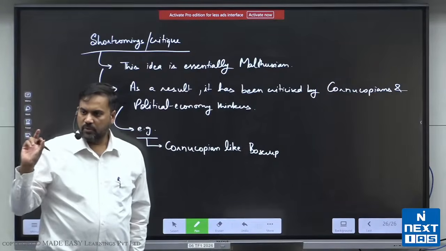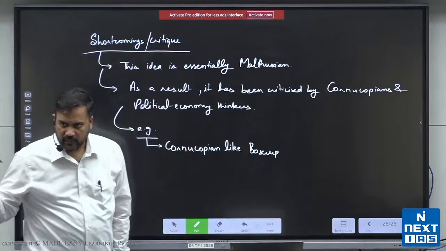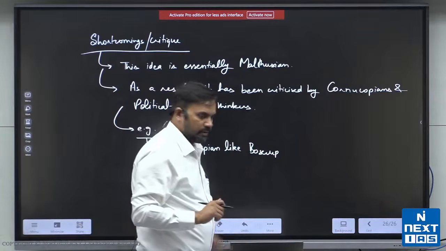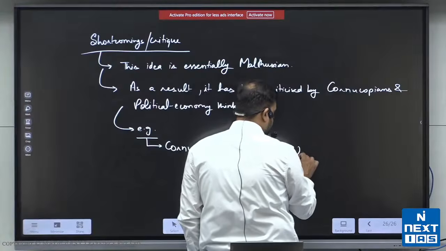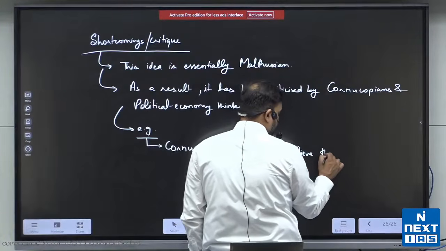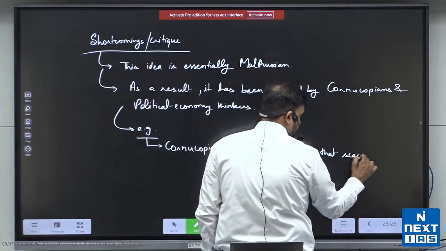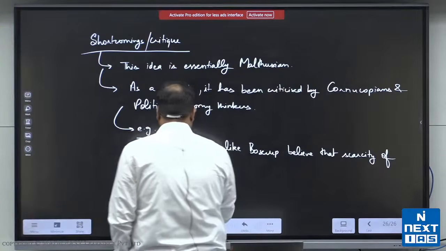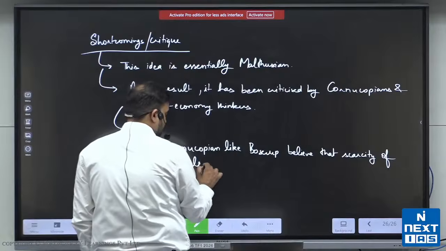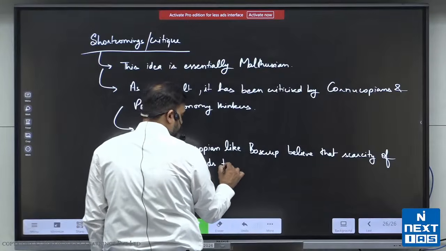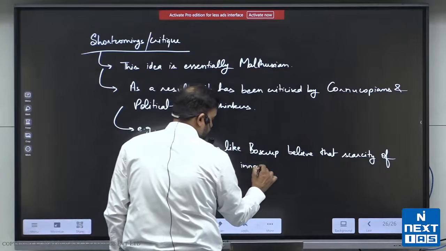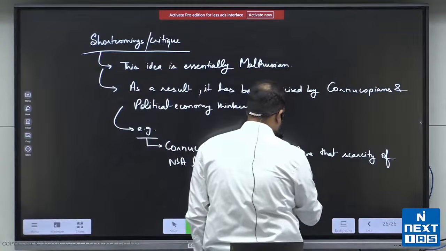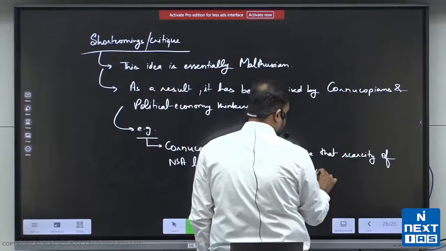we will also talk about Boserup's agricultural theory. ठीक है, so cornucopians like Boserup believe that scarcity of net sown area leads to innovations and intensification.